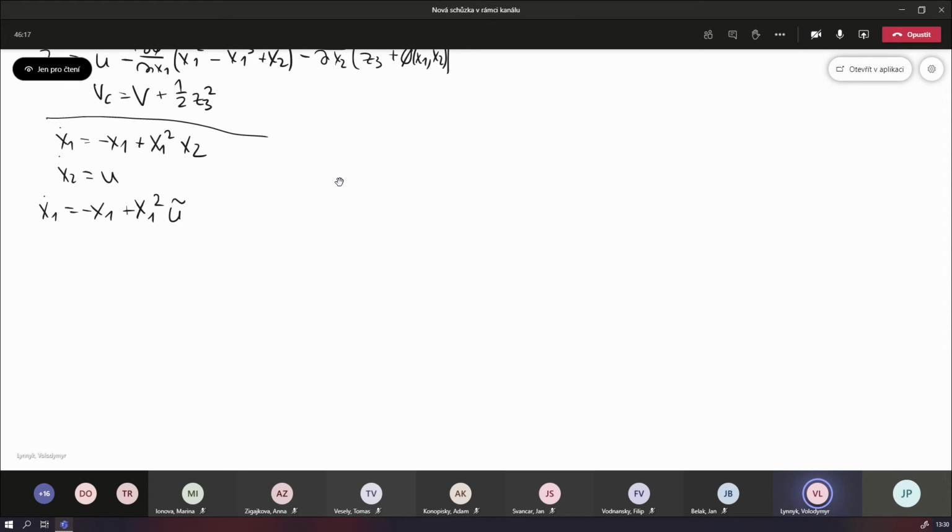Any idea which control we can choose for stabilizing this first row? Well, maybe minus 1 over x1, but that would not work for x1 at 0.